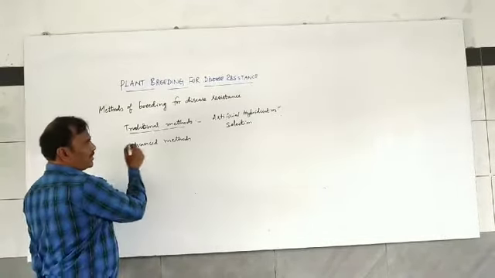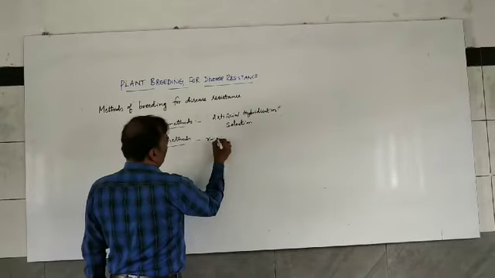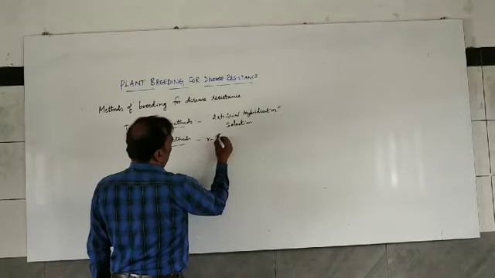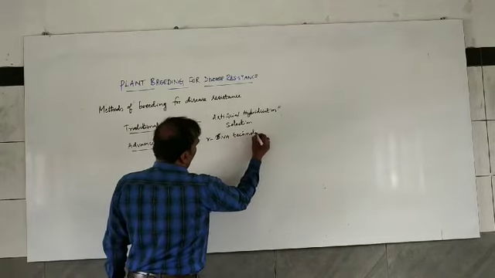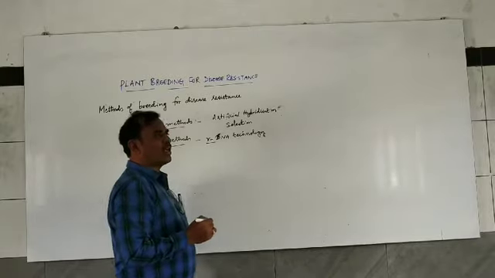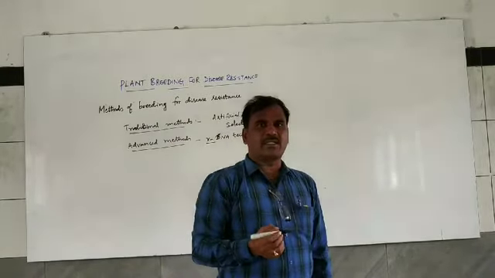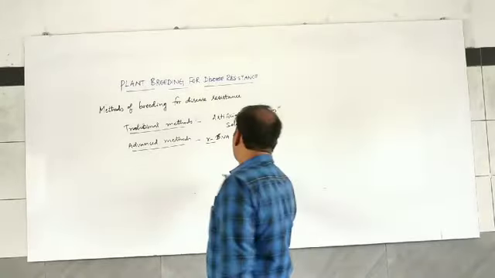These are the traditional or conventional methods. Advanced methods are rDNA technology. rDNA technology is recombinant DNA technology in plants. It is an advanced technology using genetic engineering.